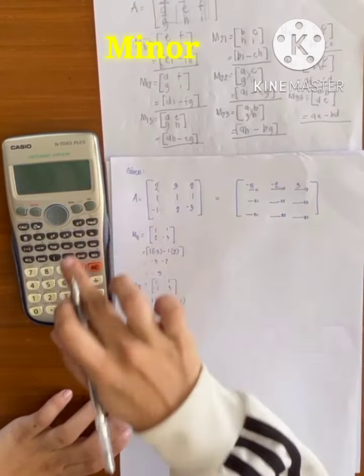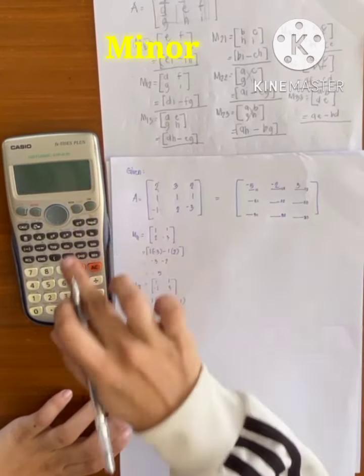Find the minor 2, 2, row 2, column 2. The remaining elements are 2, 2, negative 1, negative 3. Okay.